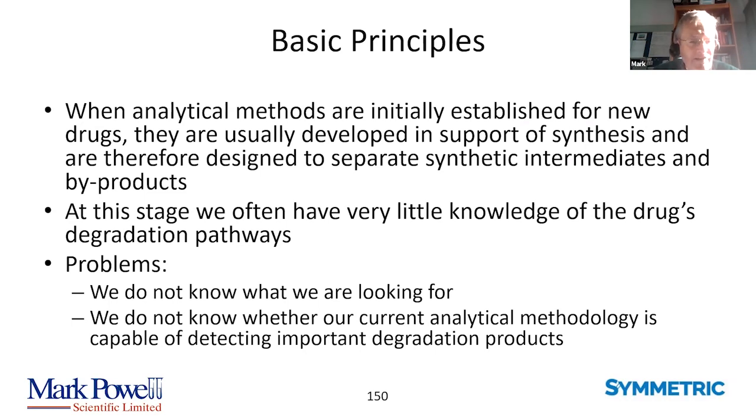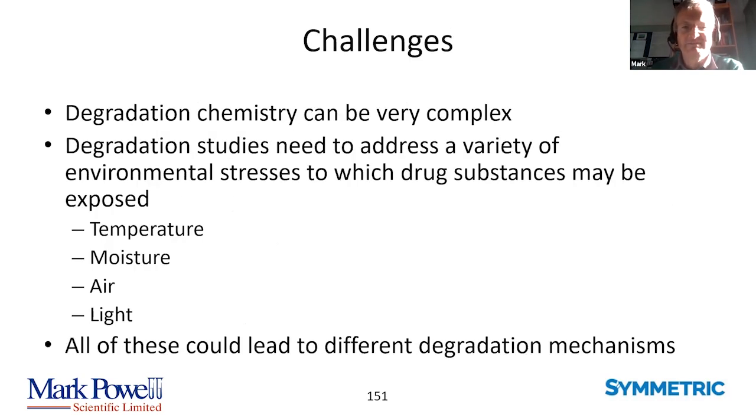Until we've done that, there's really not very much we can do in terms of drawing conclusions regarding the stability of formulations and so on. So until we have confidence that we are capable of detecting the degradation products that form from a particular drug substance or from a particular formulation, we're not very well placed to conclude anything regarding the stability of that drug substance or drug product.